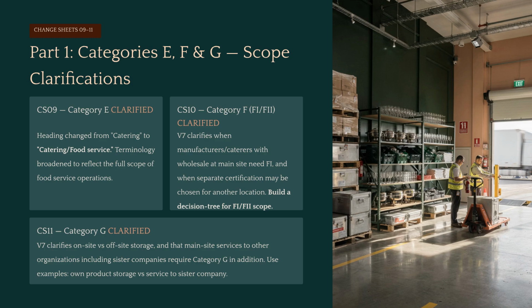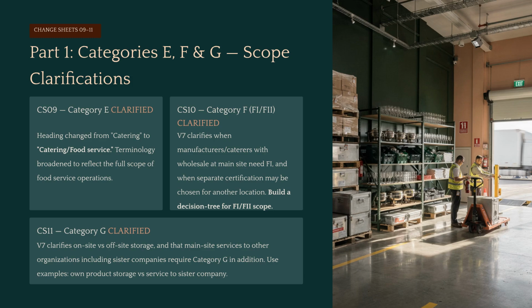Category G has also been clarified to cover storage services provided to other organizations, including sister companies. This means that storage is not judged only by whether the facility belongs to the same corporate group. What matters is the nature of the service being provided and whether the operation is effectively handling goods on behalf of another entity. If so, Category G certification may be required in addition to the main site scope.